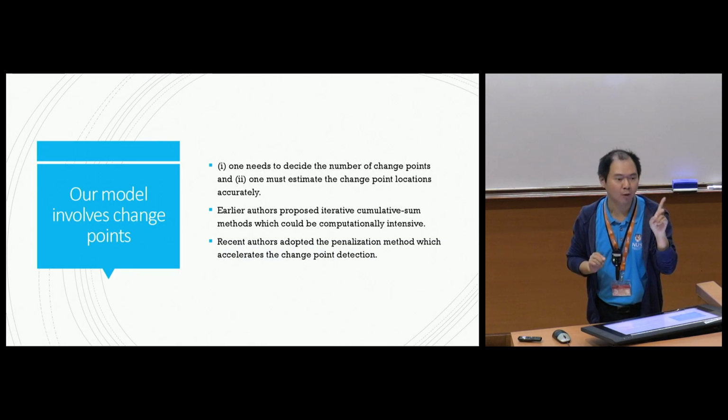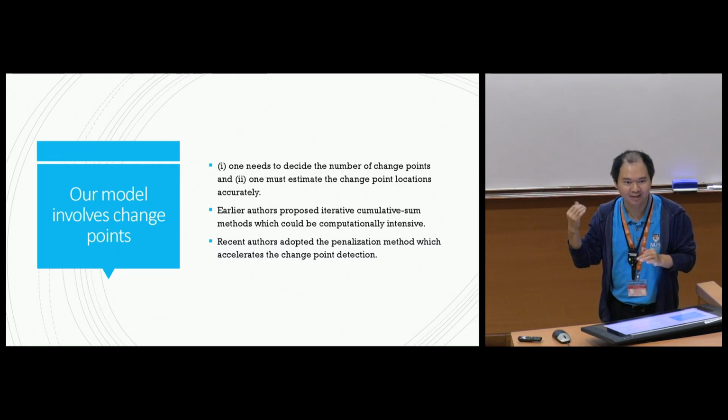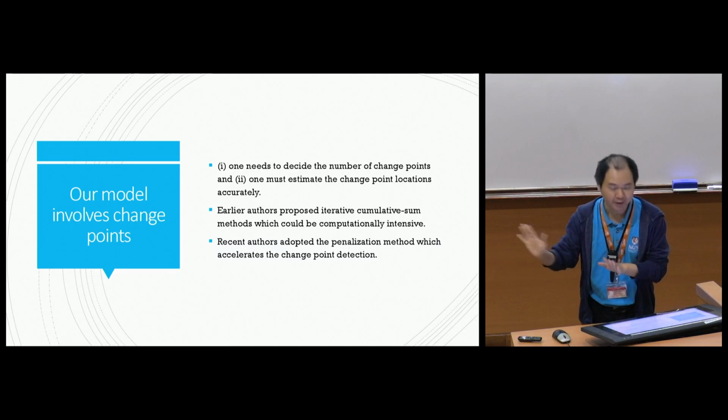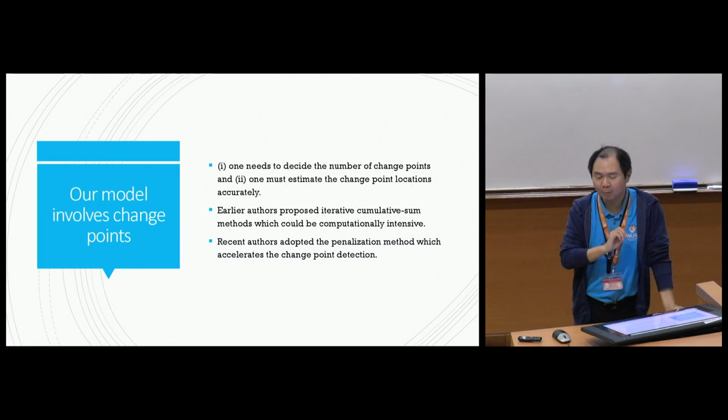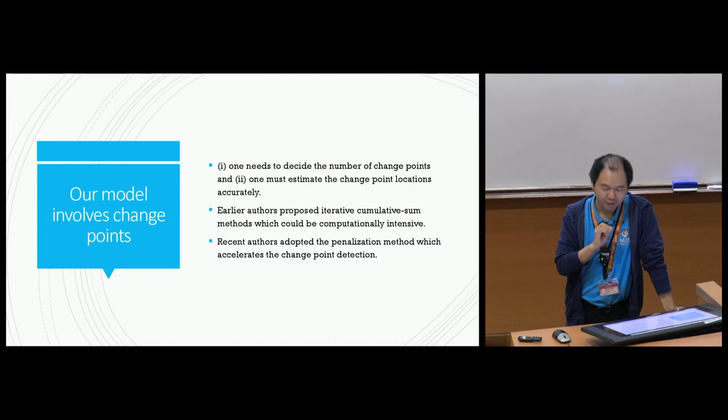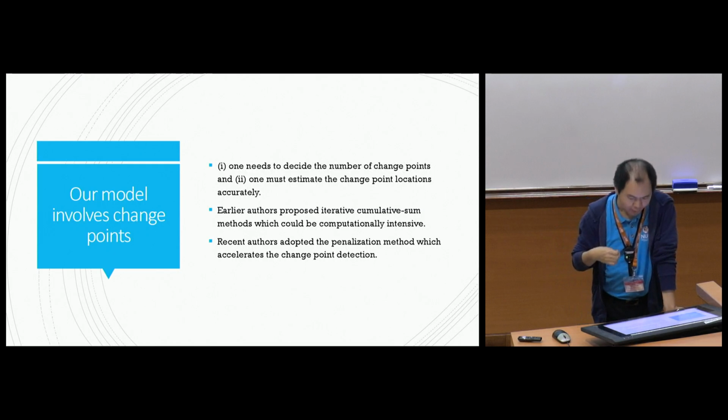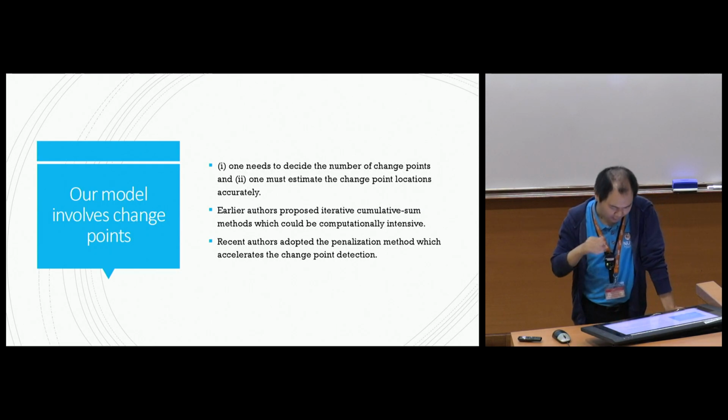If there is only one change point, then that's very easy. You just need to answer the second question, which is finding the location of the change points accurately. But if you don't know how many change points there are, that's a tougher question. You need to find out their locations first. So these two questions must be answered.